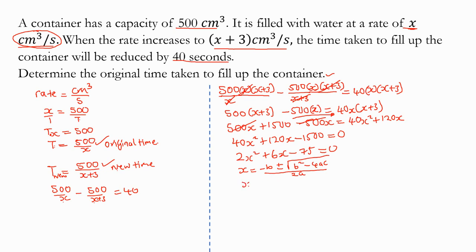So x is equal to negative 6 plus or minus the square root of 6 squared minus 4 times 2 times negative 75, all divided by 2 times 2.